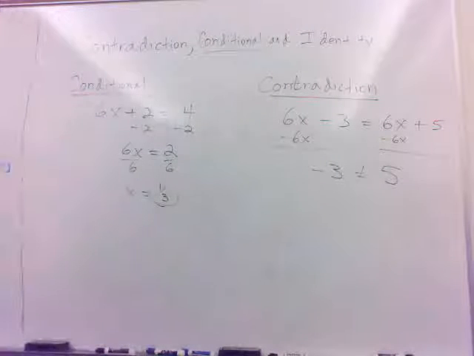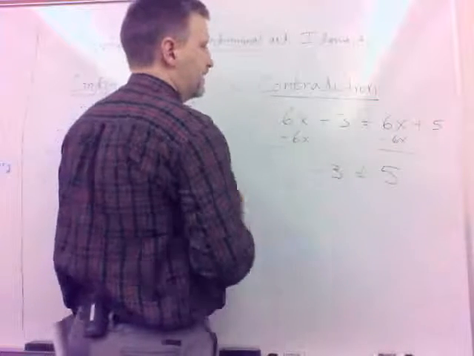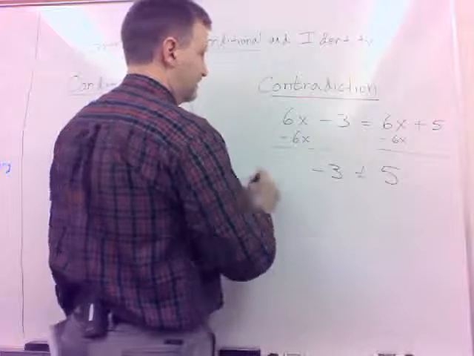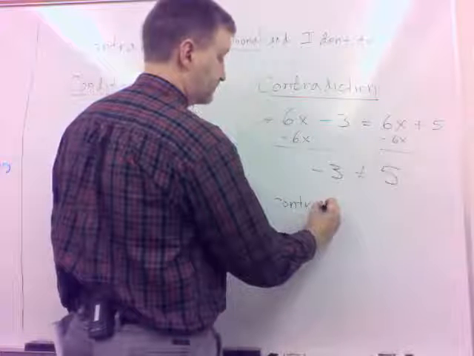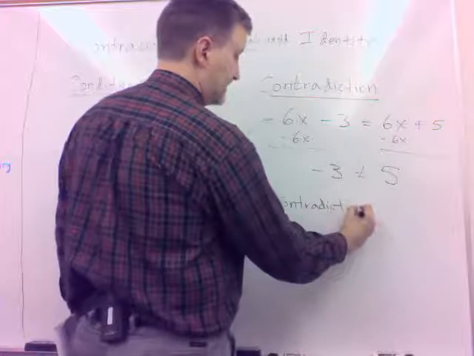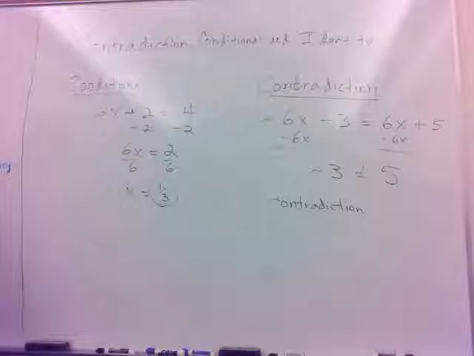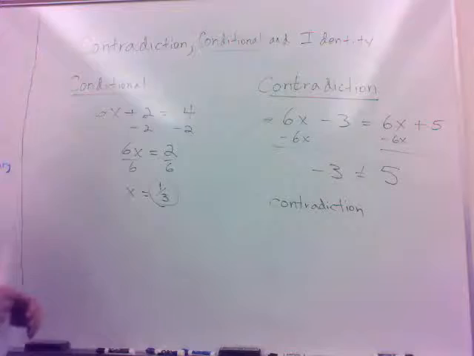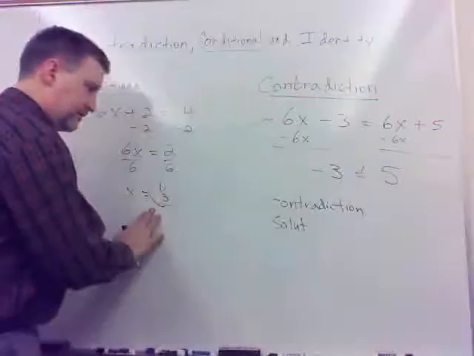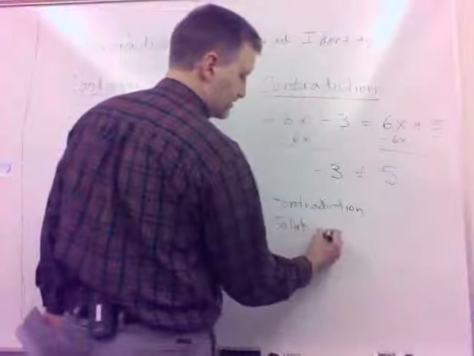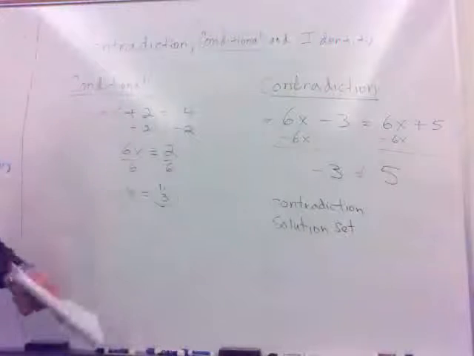This is a contradiction. This is an example of what happens when you get a contradiction. That equation there is called a contradiction. In other words, you can't have 6x minus 3 equals 6x plus 5. It just doesn't work. Solution set wise, the solution set over here is 1/3. Well, what about the solution set over here? You just can't have a solution. It doesn't have a solution.